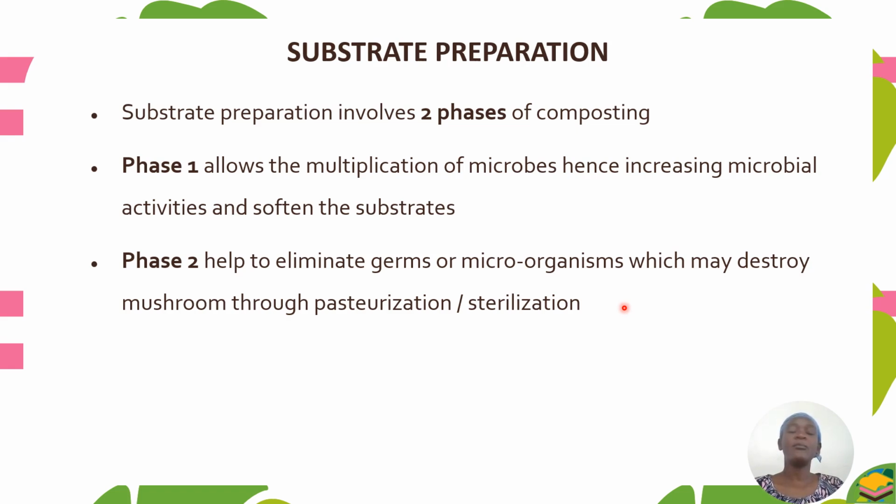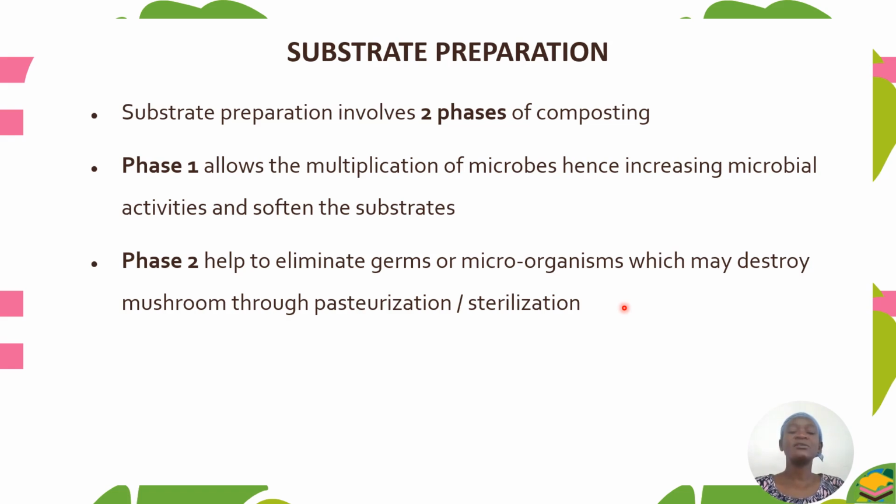Before we plant our mushroom, we eliminate all microorganisms, including the germs, just because these microorganisms or germs may destroy our mushroom. So to prevent our mushroom from being destroyed, we eliminate any germ or microorganisms present in the substrate.